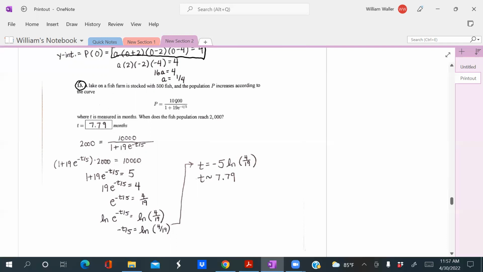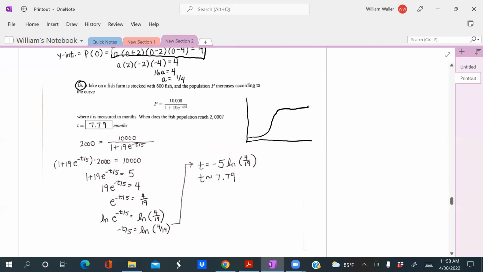I suspect we're going to get a graph that looks something like this. Initially, the population is going to grow rapidly, and then it's going to level off, right? Because eventually there's a maximum number of fish that can survive in this lake, based on the size of the lake and the amount of food available to the fish.